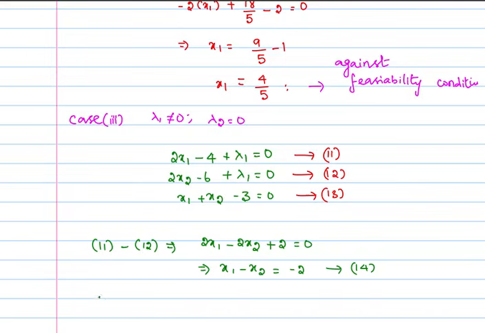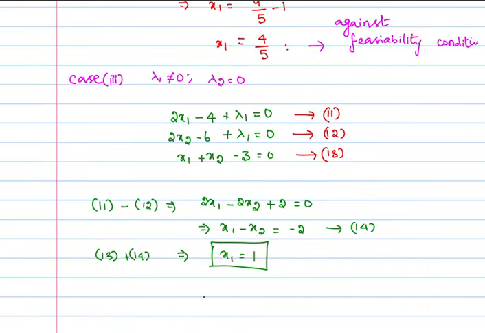Now 13 plus 14 implies, so x2 will cancel, so x1 becomes 3 plus minus 2 is 1, so x1 is 1.